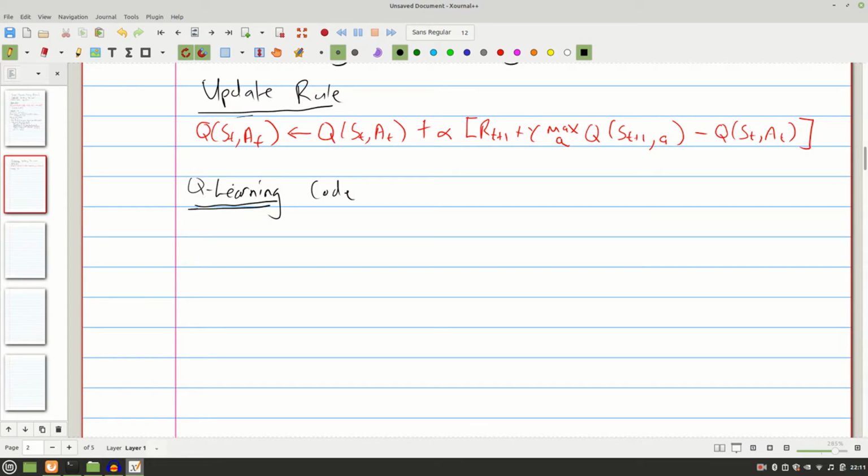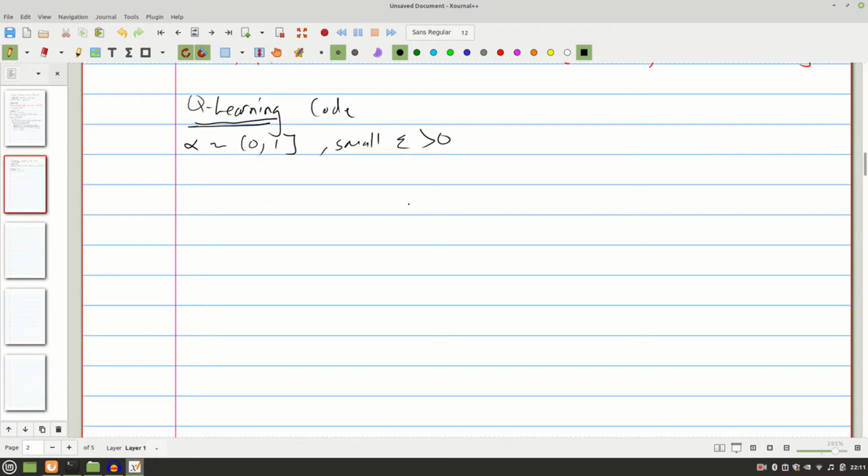We initialize the standard things, alpha to be 0.1.